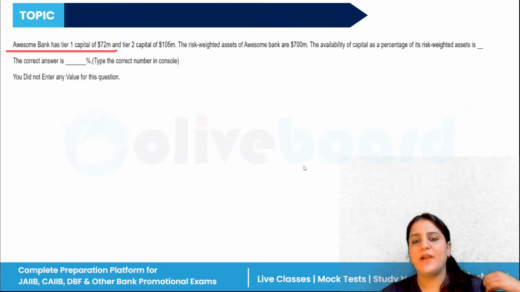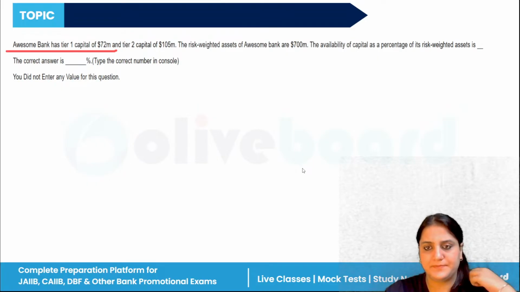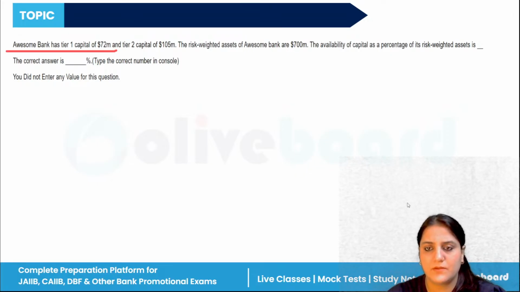So how to find it in that case? Simply add the Tier 1 capital and Tier 2 capital, and then divide it by the risk weighted assets.